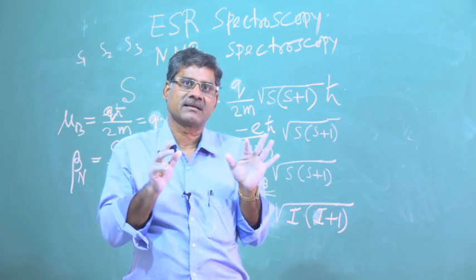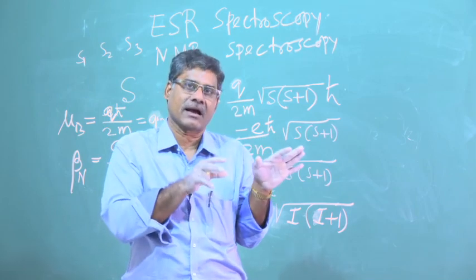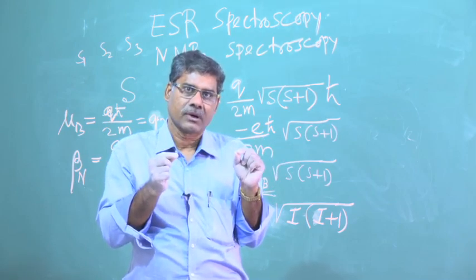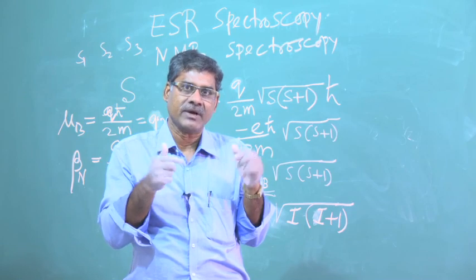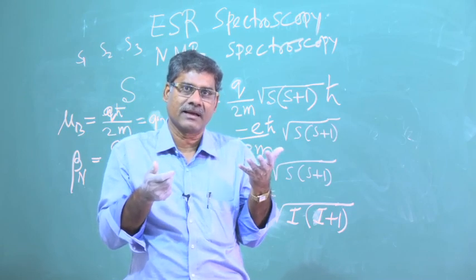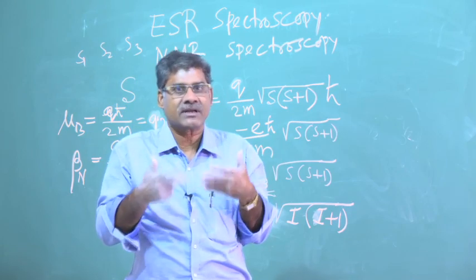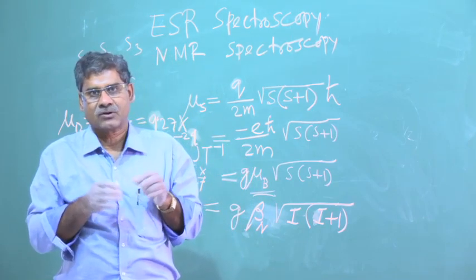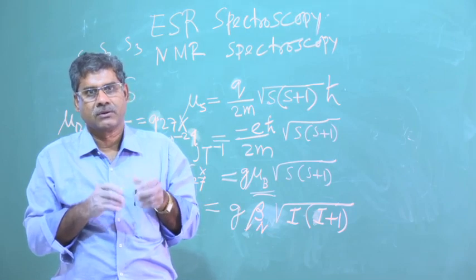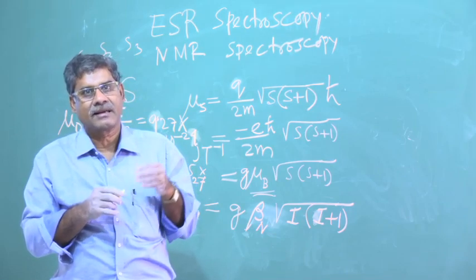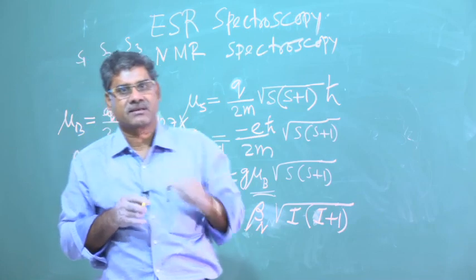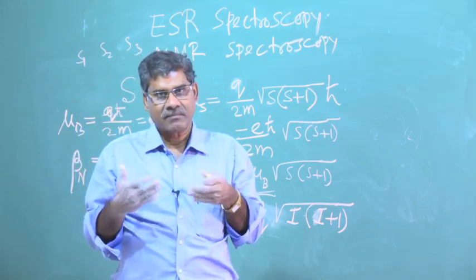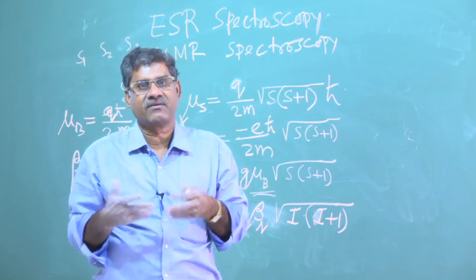That effect is seen in the atomic spectra, but you need a very high resolution spectrometer. It is difficult to resolve the fine structure and hyperfine structure, and to resolve the hyperfine structure is really very difficult.